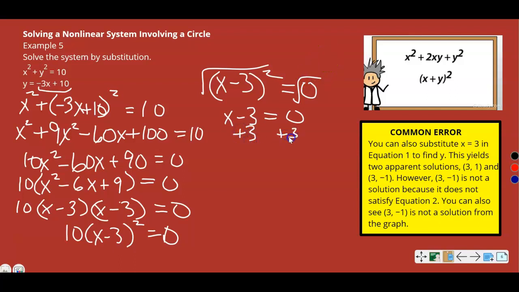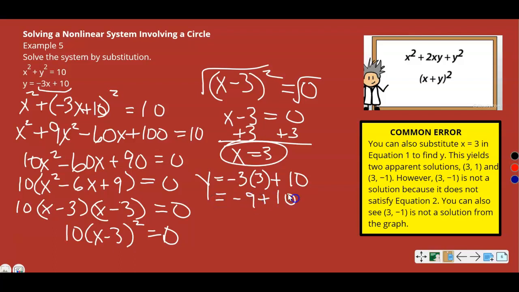And then we just add 3. So x equals 3. So that gives us a solution. And then we can plug it back in to find what the y value is. y equals negative 3 times 3 plus 10. So that'd be negative 9 plus 10, or 1. So we're going to have (3, 1) as a solution.